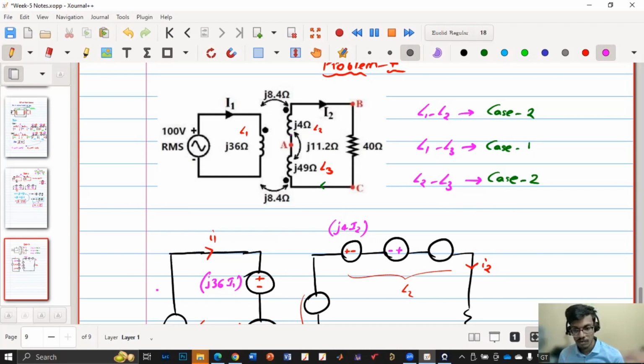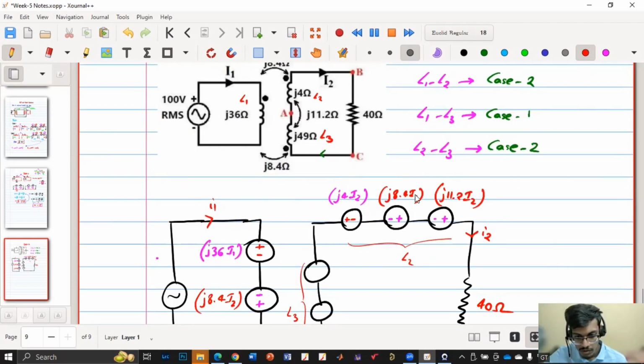That's why I'm using red color for that one and pink color for the other ones. Both have opposite polarity because L1, L2 and L2, L3 both fall under case 2. So this will be J 8.4 I1 and this one J 11.2 I2, because one is with respect to I1, the other with respect to I2, since L3 is also carrying I2. So you should be very careful with this.